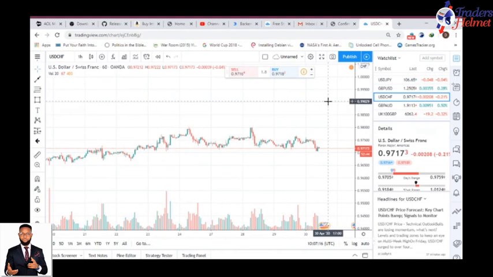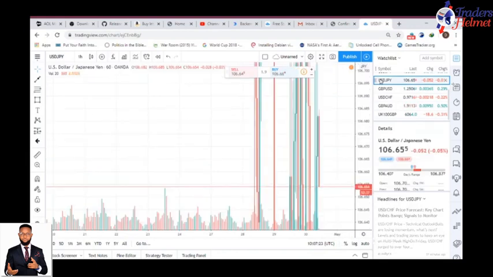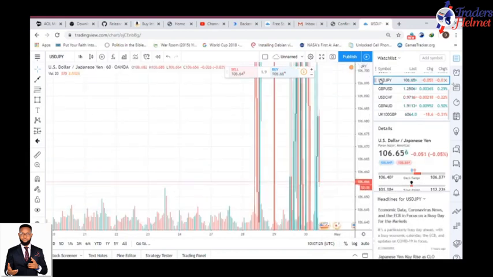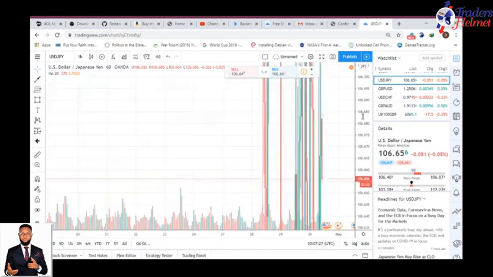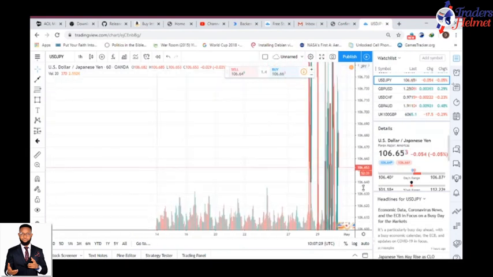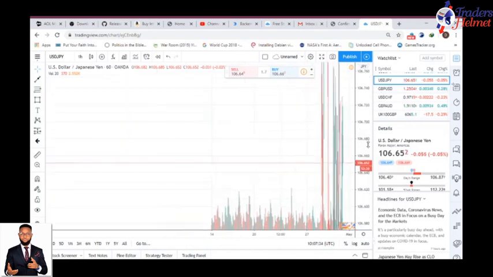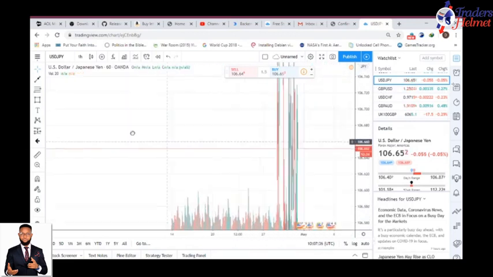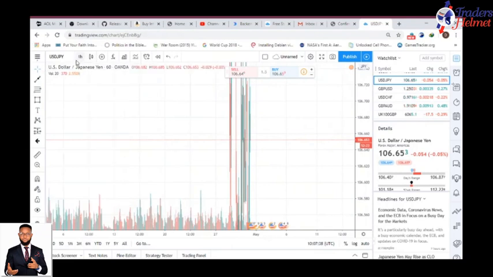So let's look at another pair. Okay, so let's look at other pairs. Okay, this is USD JPY. I'm going to look at USD JPY in 4 hours.